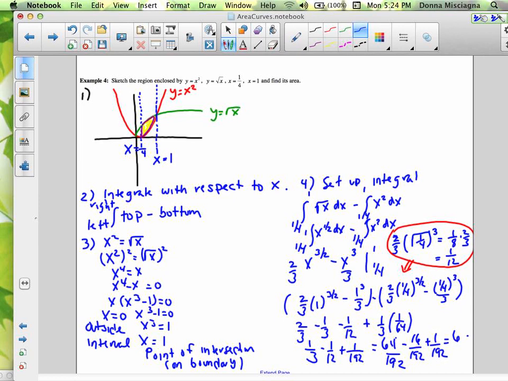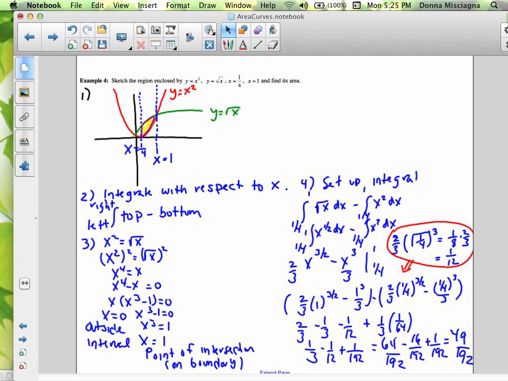I said 49, not 69. All right, so 49 over 192 appears correct, because I can't see where that 1/3 minus 1/3 went. Maybe I looked at the plus 1/3, the coefficient next to 1/64, and decided they canceled each other out for some crazy reason. All right, so that one appears to be correct here.